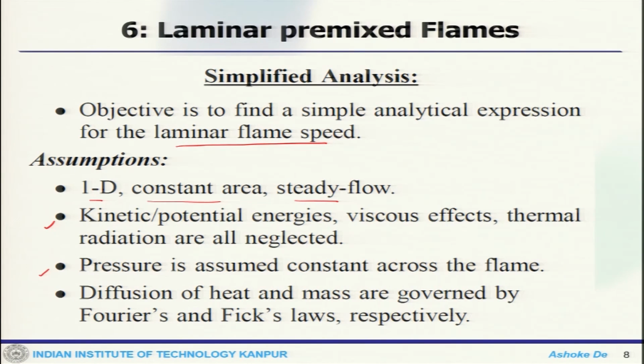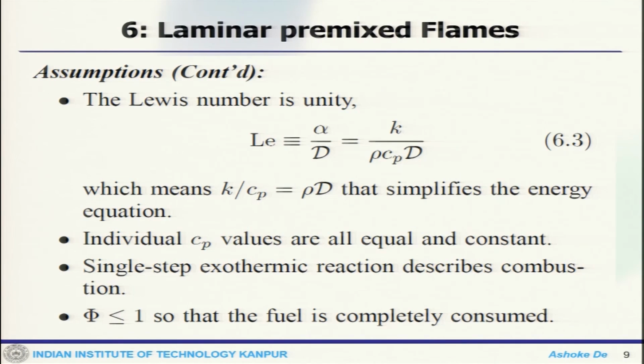Diffusion of heat and mass is governed by diffusion laws like Fourier's law and Fick's law. Then another non-dimensional number, the Lewis number, which is the ratio between alpha and D, the thermal diffusivity to mass diffusivity, or one can write it as kappa by rho Cp D. The Lewis number is 1.